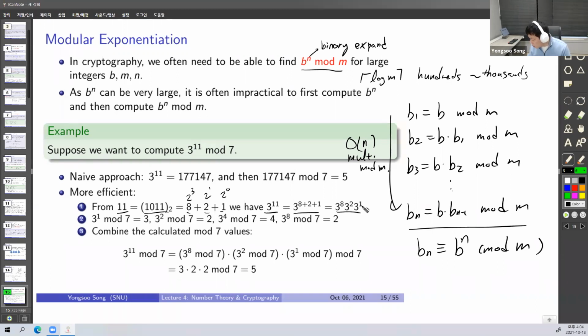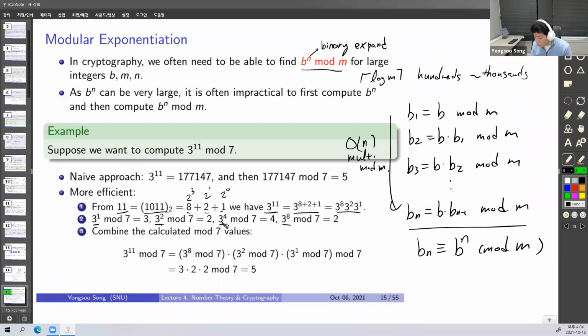Now these three different integers, 3 to the 1, 3 to the 2, 3 to the 4, can be computed very efficiently by repeatedly squaring the previous integer. So 3 to the 1 is just 3. 3 to the 2 is the square of 3 to the 1. 3 to the 4th is the square of 3 to the 2. 3 to the 8th is the square of 3 to the 4th.